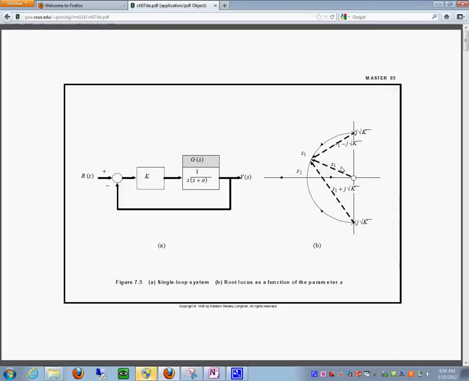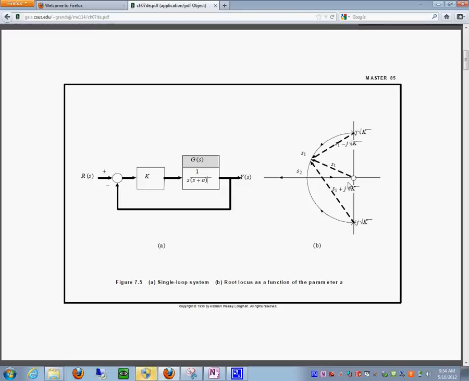There we go. He is saying that if you have, let's say, a transfer function like this, the roots of the characteristic equation, in this case it has 2, because if you equate the denominator to 0, obviously s is 0, but s is minus a also.